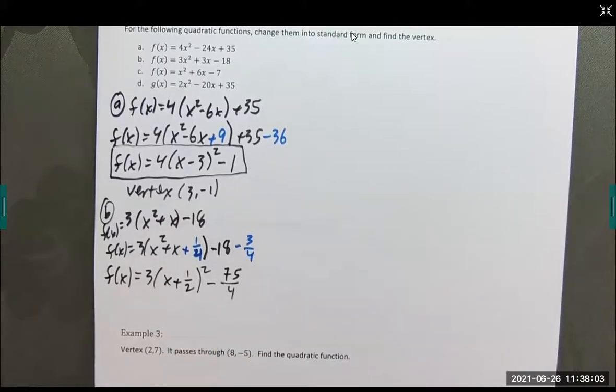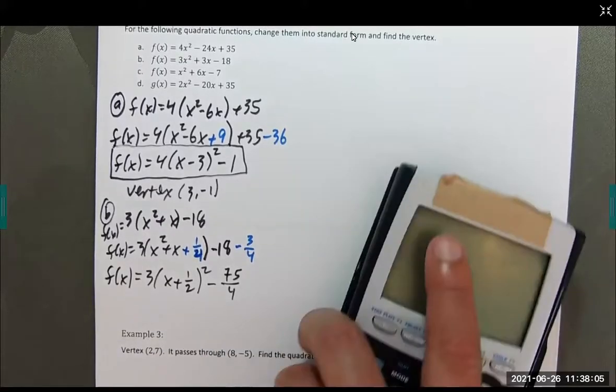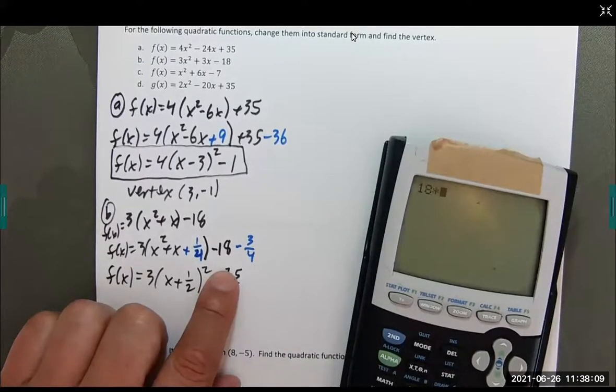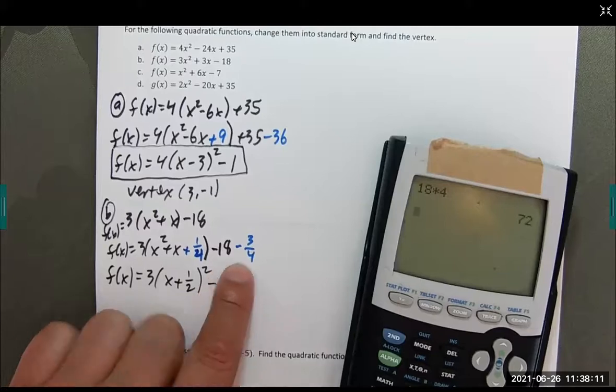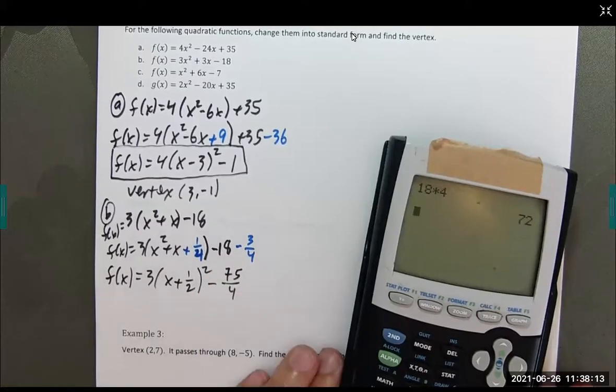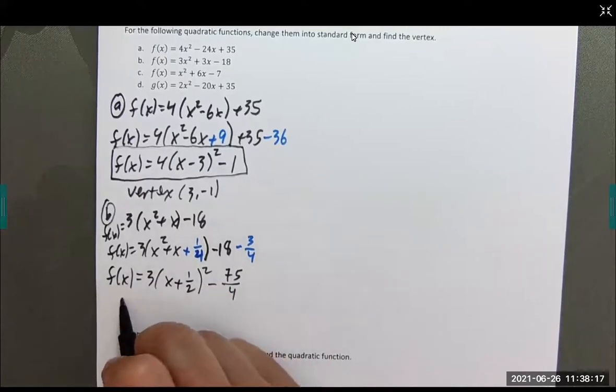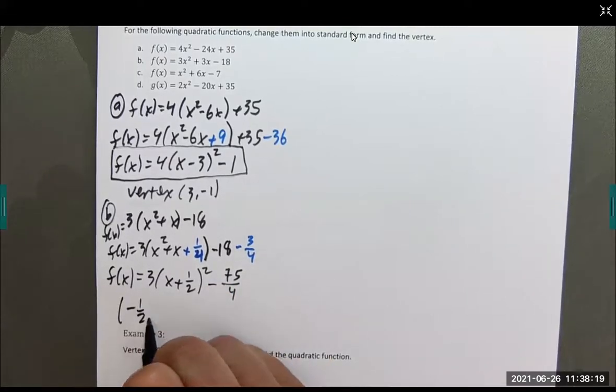And just real quick, the 75 comes from the 18 times 4, and another 3 gives the 75. So there is our vertex form, and our vertex is at -1/2, opposite sign, same sign.